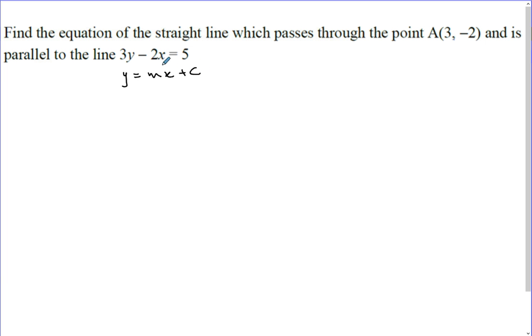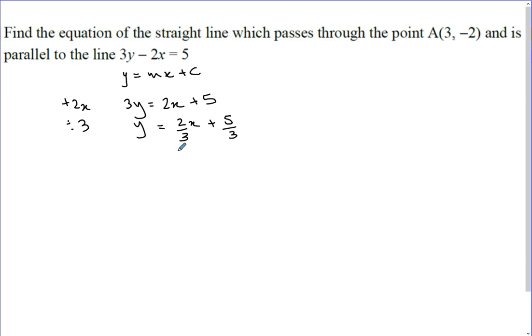So we're going to take away the minus 2x from that side, so we're going to add 2x. So we've got 3y = 2x + 5. And then we're going to divide by 3 because we just need 1y = 2/3 x + 5/3.